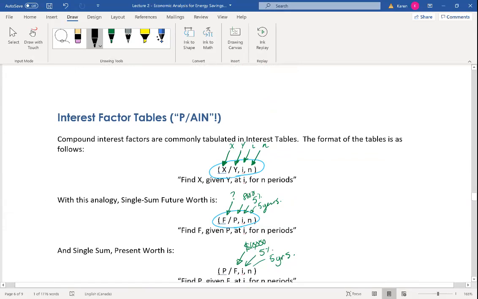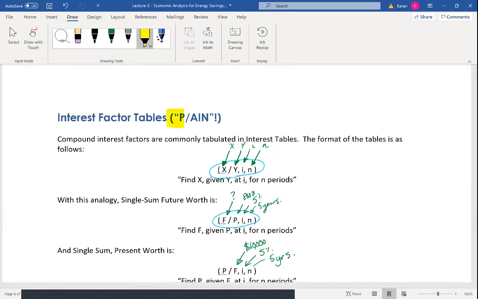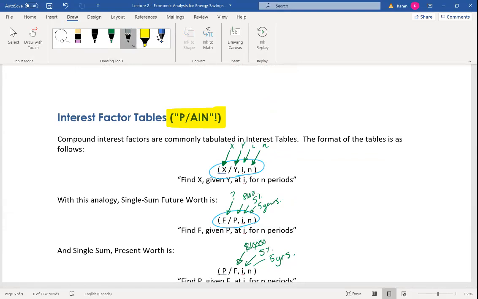And I'm just going back up here and I'll show you, I call them the pain tables, because one of them we can rearrange in present value, given that we know the annuity, the interest rate, and the cycles. So when I write that all out, it actually literally spells pain. So I call them the pain tables. So you can use the formulas, or you can use what I call the pain tables.